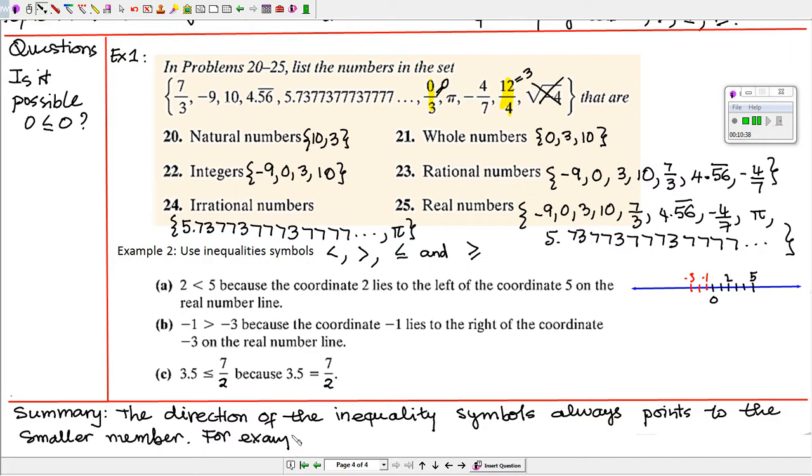For example, 2 is less than 3, so the direction, which is where the vertex is, points to the smaller number. Or 2 is greater than 1, so again the direction always points to the smaller number.